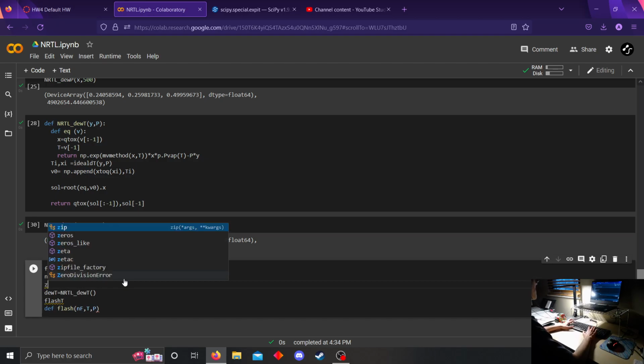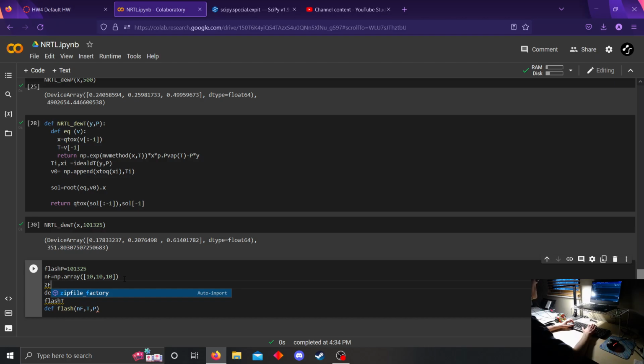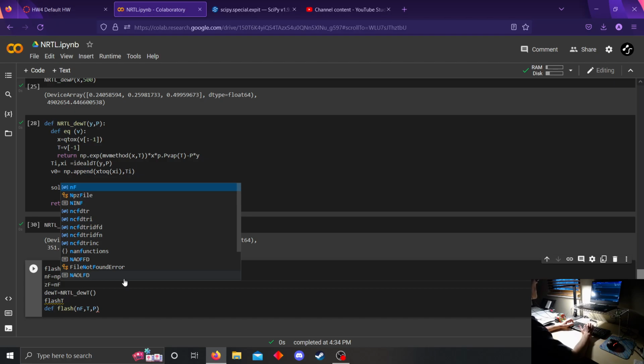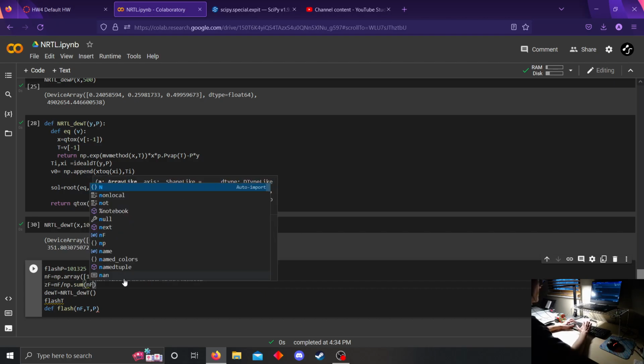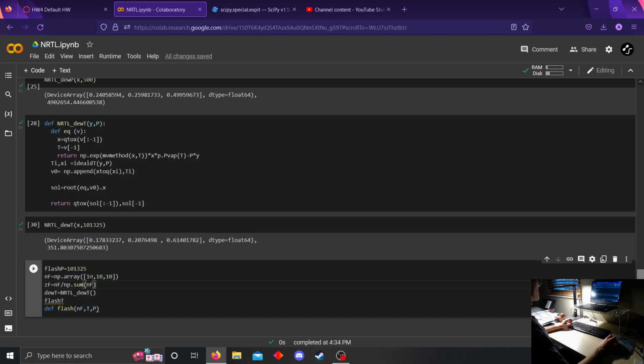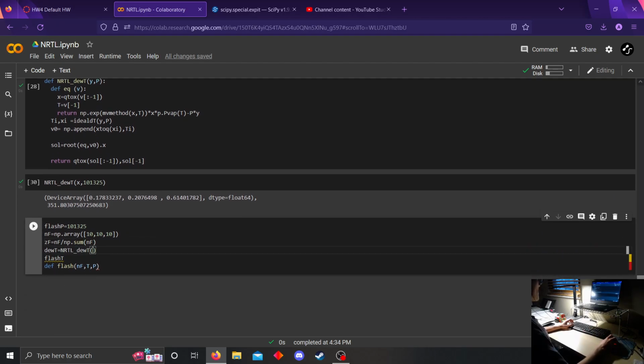And then we're going to have this ZF here, which is equal to the feed divided by the sum of the feed. So basically, this is the composition of the feed. Since it's 10, 10, 10, it's going to be 1/3, 1/3, 1/3. So this dew temperature is going to happen at the feed condition, ZF, and the flash pressure.